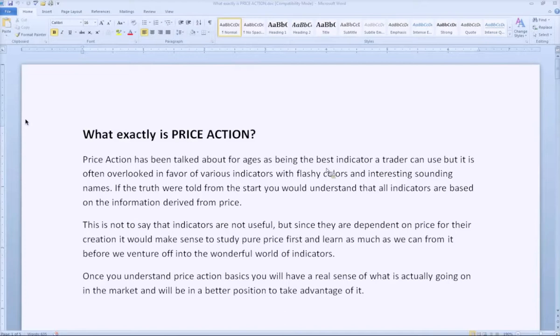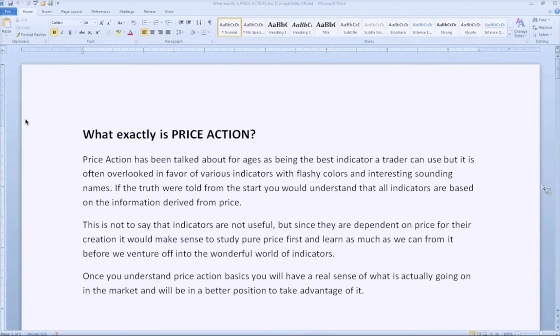So what exactly is price action? Now, price action has been talked about for ages as being the best indicator a trader can use, but it is often overlooked in favor of various indicators with flashy colors and interesting sounding names. If the truth were told from the start, you would understand that all indicators are based on information derived from price.